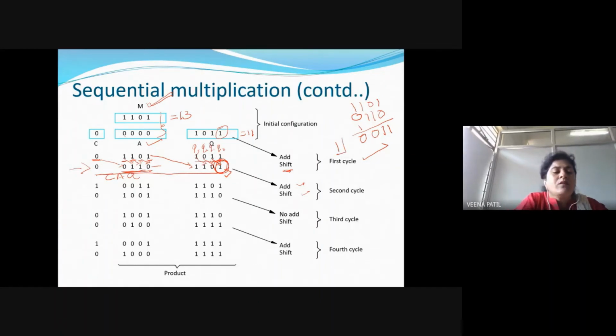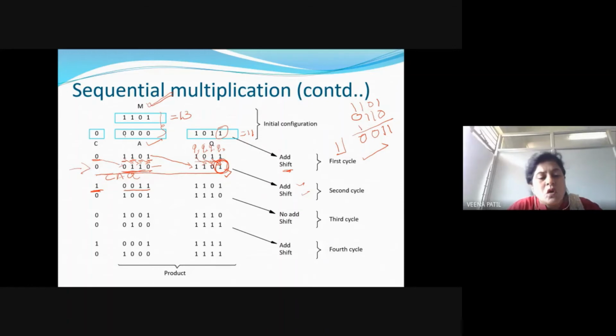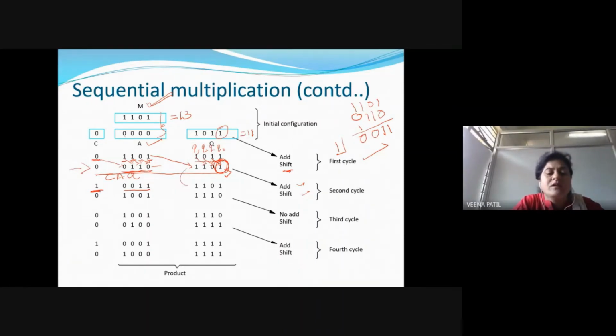And this one will be stored in the carry. This is the carry that is generated. So it will be stored in C. And the result will be copied in register A, that is 0011. And the value of register Q is copied as it is, 1101.